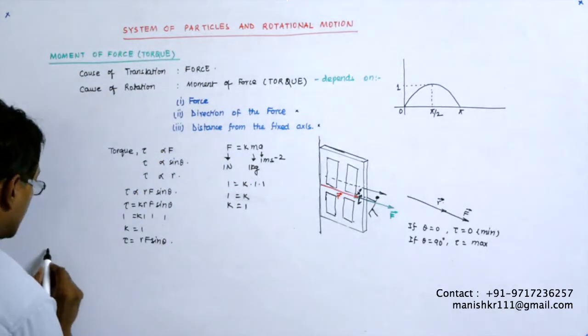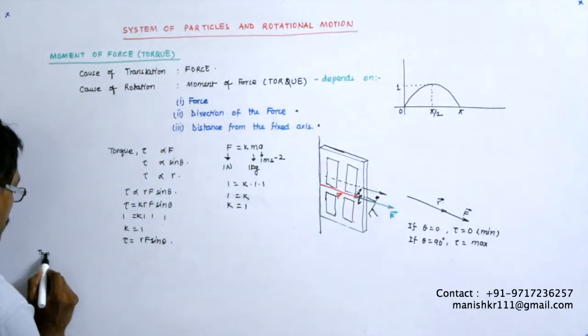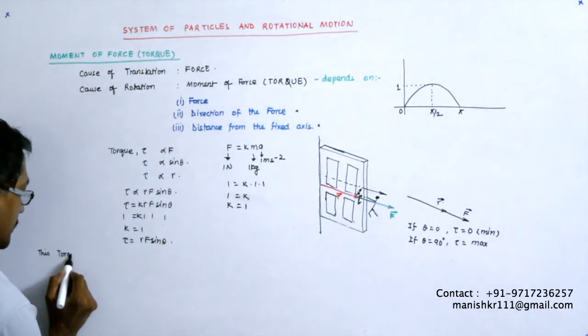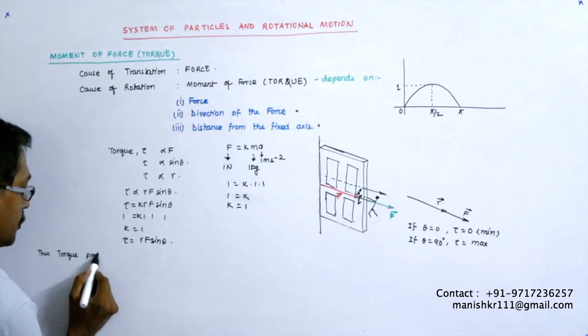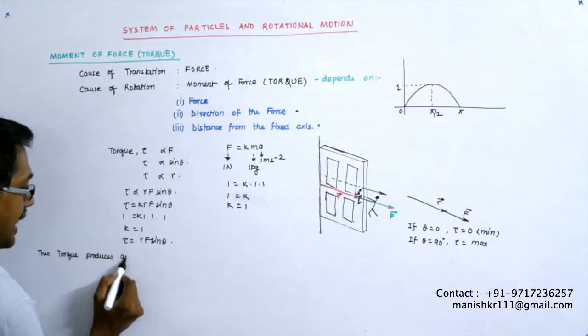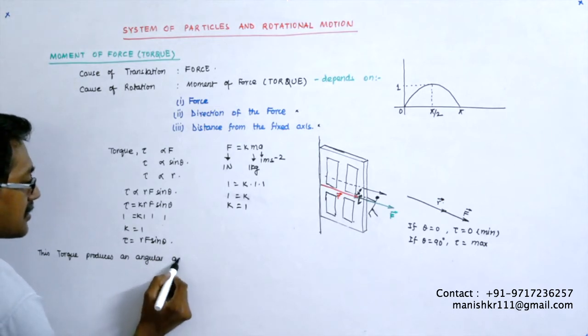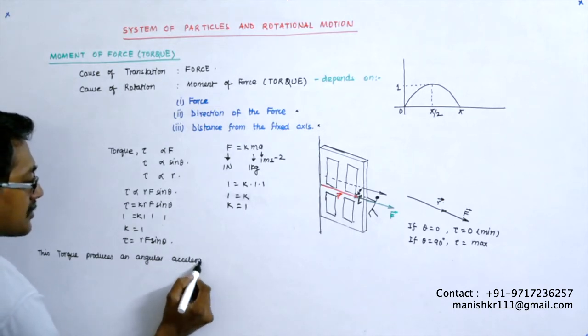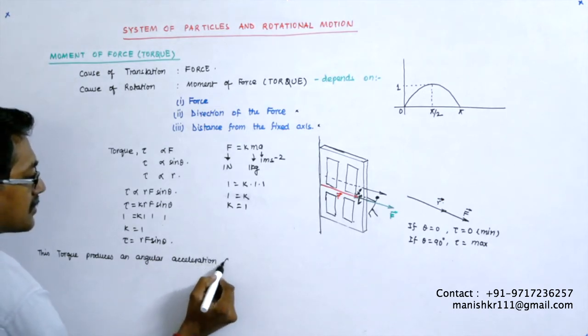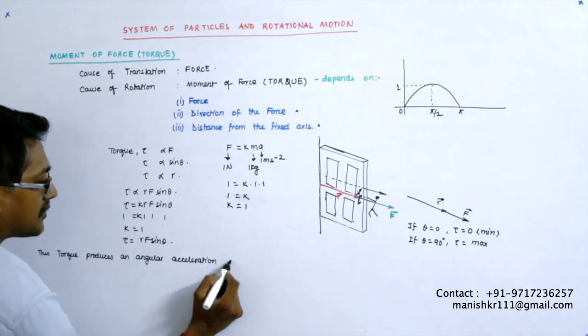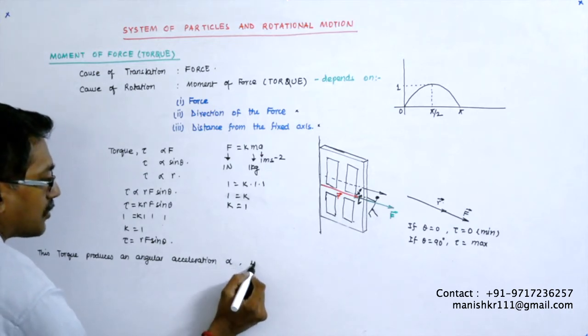So I write: this torque produces an angular acceleration, alpha.